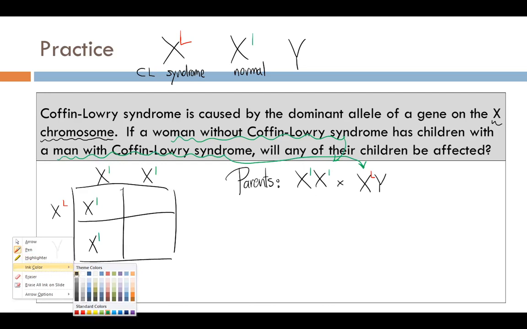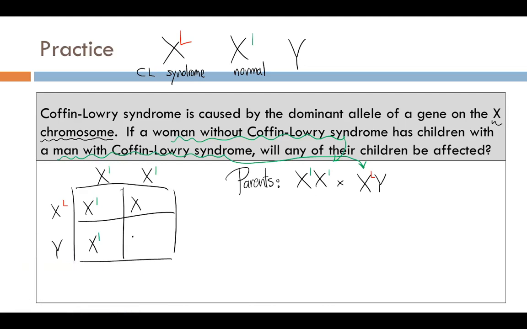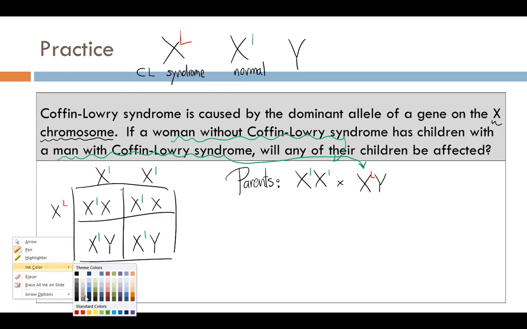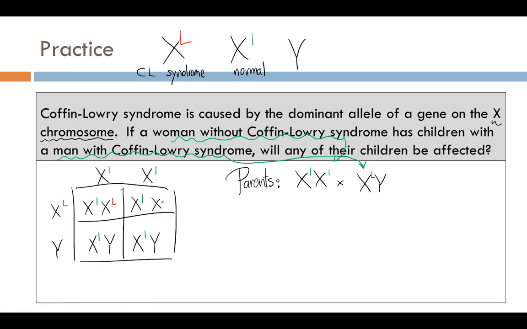I'm being very efficient with my pen color changes here. I apologize. Let me just put them all in. And then I'll finish here. Okay. Okay, everyone see how that came from? These X's come down, these X's come down, that X goes across, and this Y goes across. Okay?